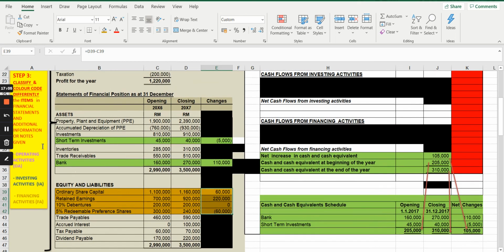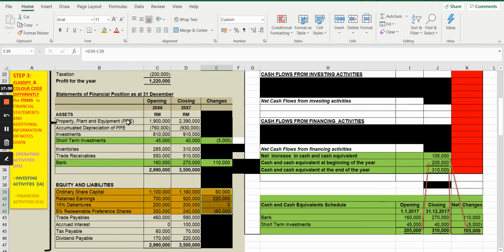Now we classify the items under investing activities. Investing activities is related to the movement of non-current assets and other long-term assets, like your long-term investment. Non-current assets like property, plant, and equipment are depreciated here.